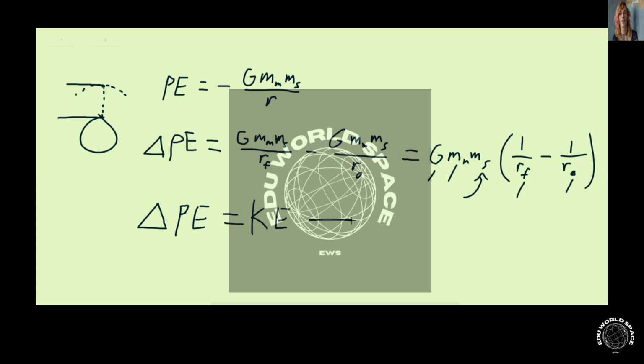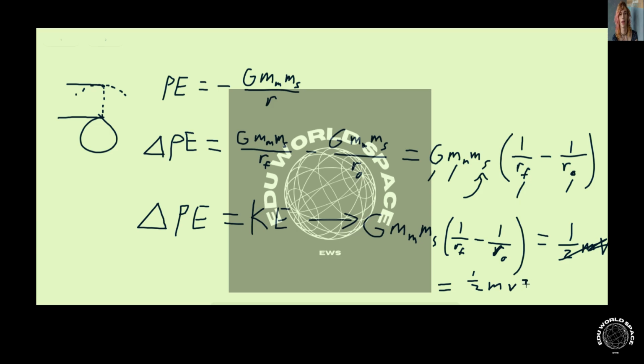Which means that G times mass of the moon times mass of the spacecraft times 1 over r final minus 1 over r initial is equal to 1/2 mv squared.